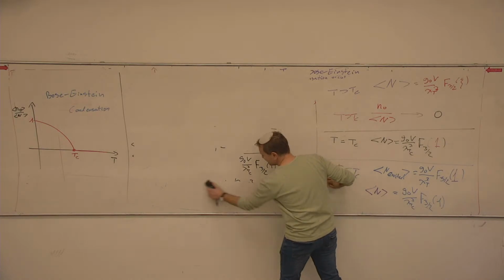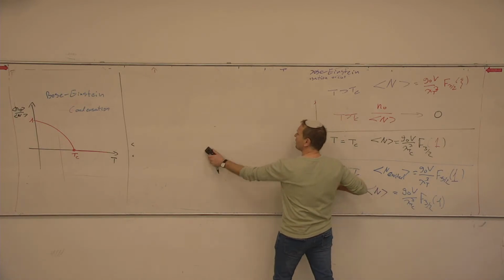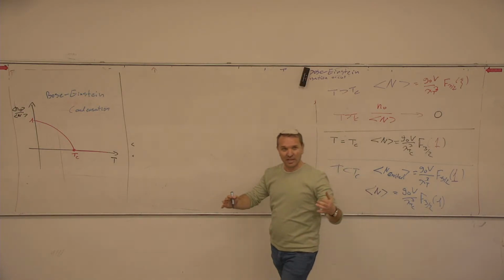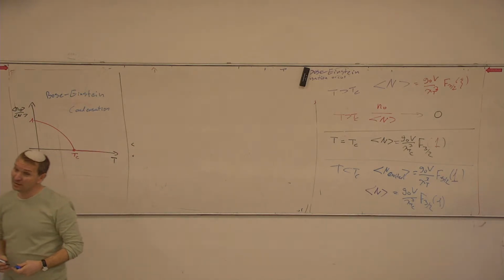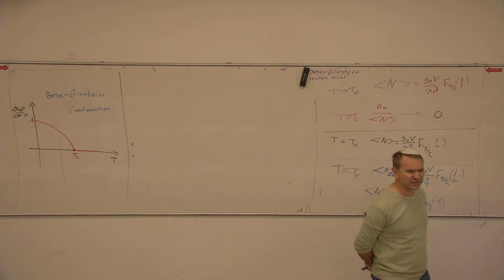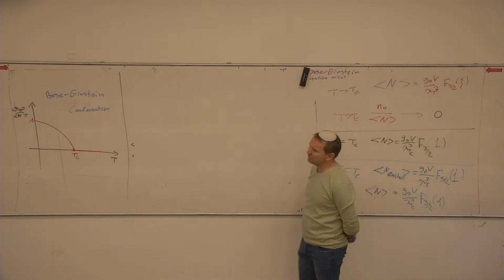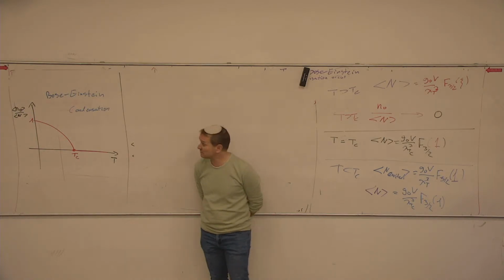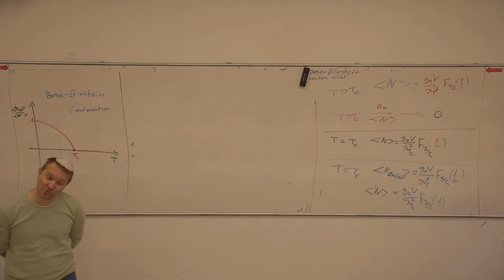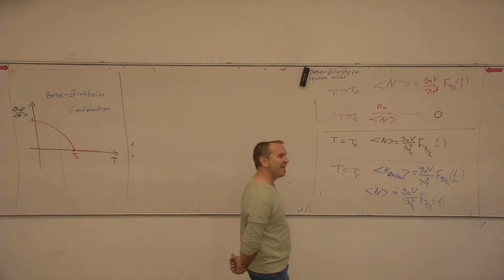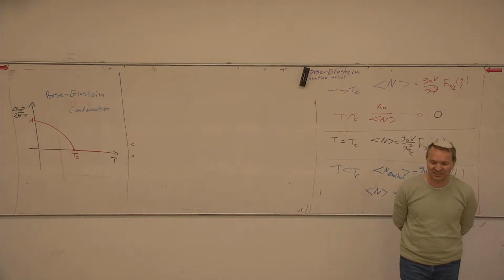You can say: it's very nice that you come here and describe this Bose-Einstein condensation as a very physical effect describing what happens to the number of particles. But in reality, when I measure something in my lab, I cannot measure the exact number of particles sitting at a specific energetic level.